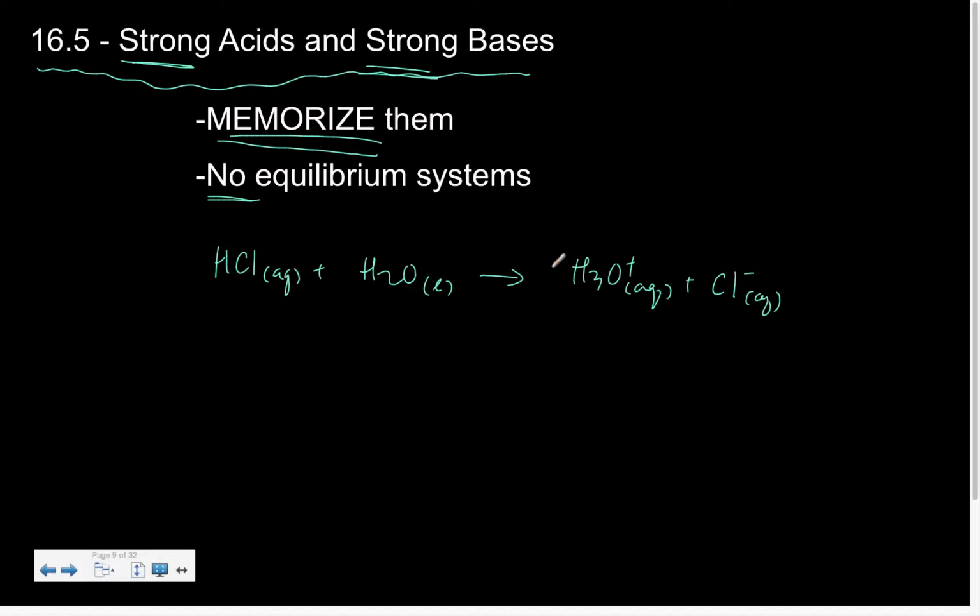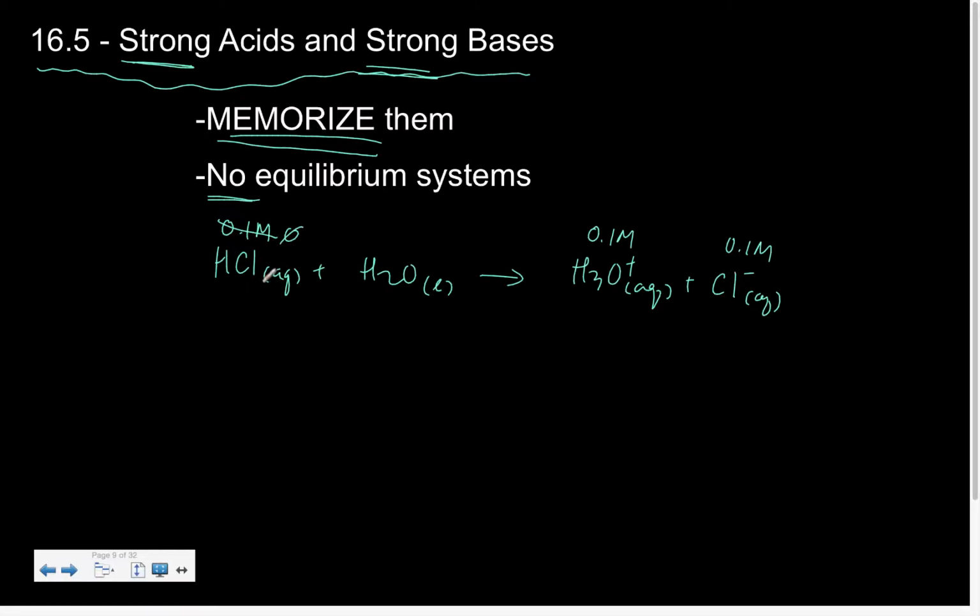Going back to HA plus water gives us hydronium plus A minus, forward arrow only, because whatever we start with here, for example if we have 0.1 molar this, we end up with 0.1 molar this, 0.1 molar this, and how much of this is left at the end? 0.